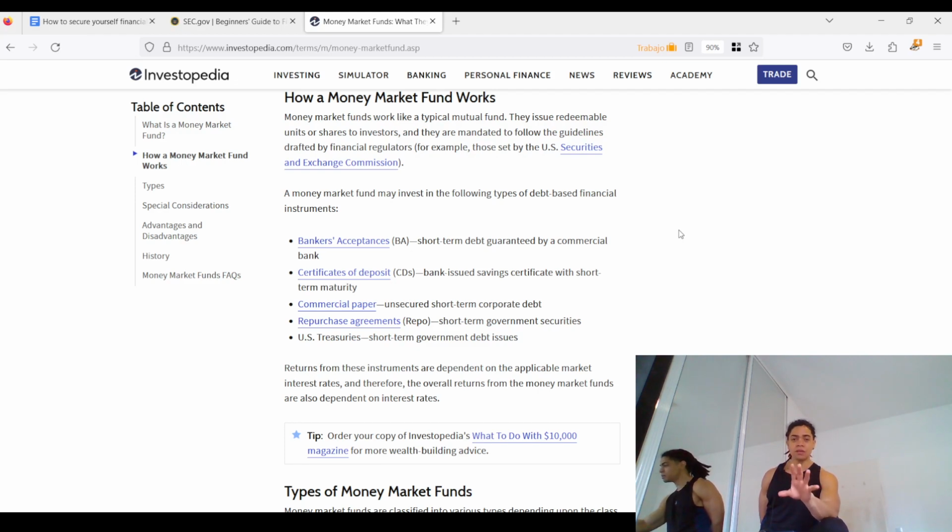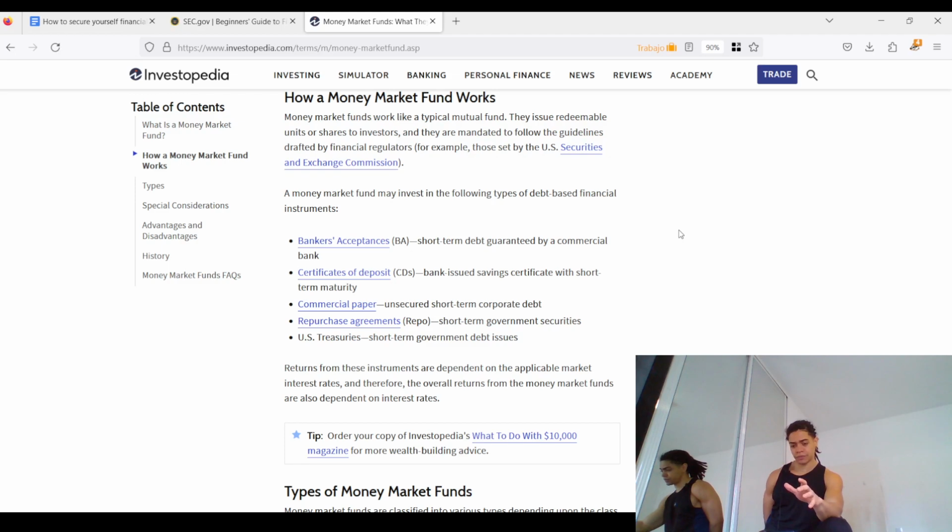Again, money market funds. One of the most common use cases is that it allows you to park a huge amount of money for a certain period of time until you decide where to invest.